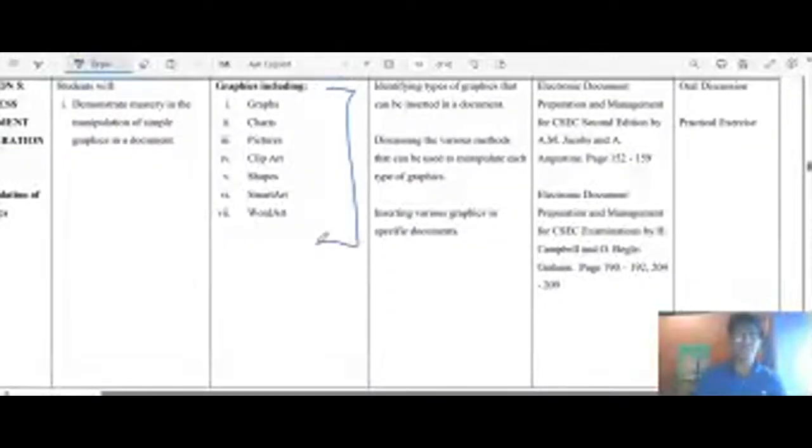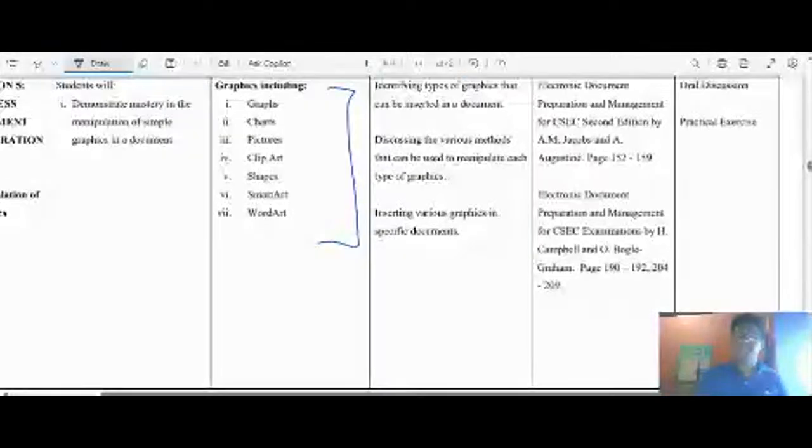So graphics, there are different types of graphics. If I just open up Word, I think Word would be the best thing to illustrate this. Let me go into Word. Hopefully you guys give me a couple of seconds. All right, let me stop sharing and see Word.